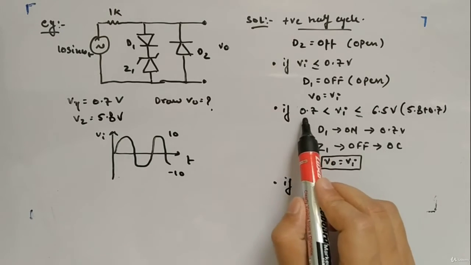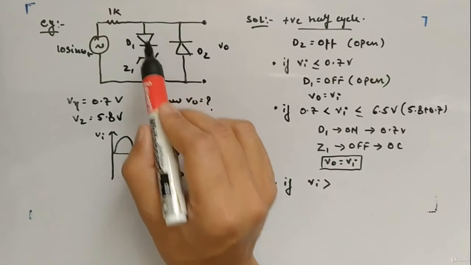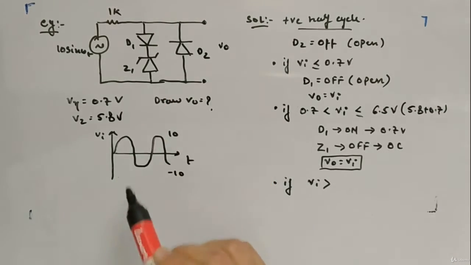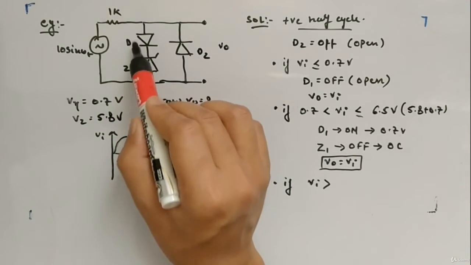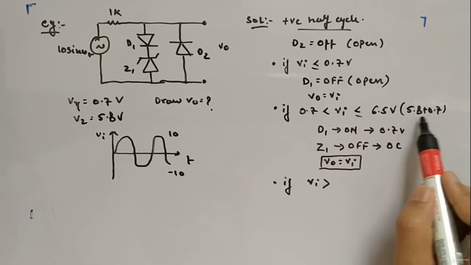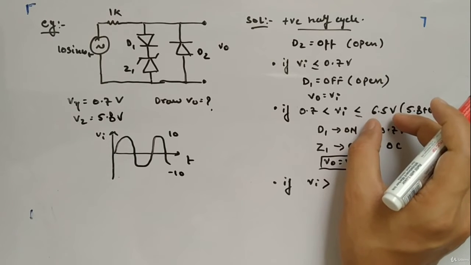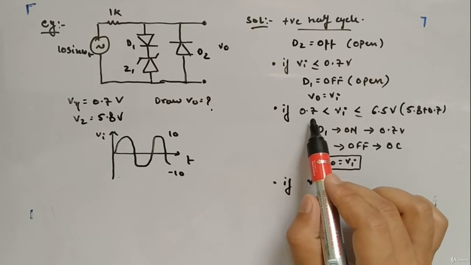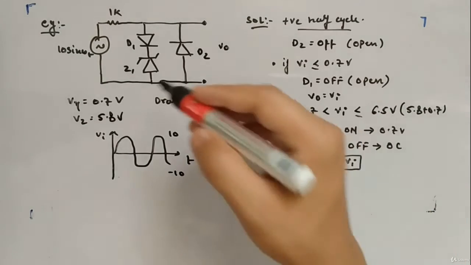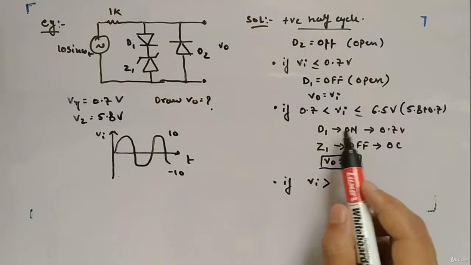If it is in this range, this diode will be on, so whatever voltage will appear across this will be this voltage plus this voltage. That is why I have added 0.7 to 5.8, so that it will become 6.5. And if Vi is above 0.7 but less than 6.5, this case will happen.